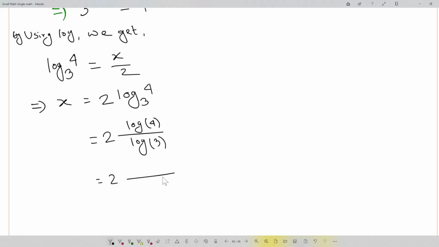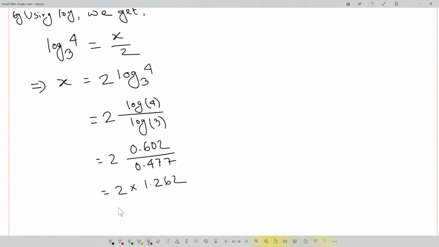What is log 4? Log 4 is 0.602, and log 3 is 0.477. So we write 0.602 divided by 0.477, and we get 1.262, and finally 2.524.